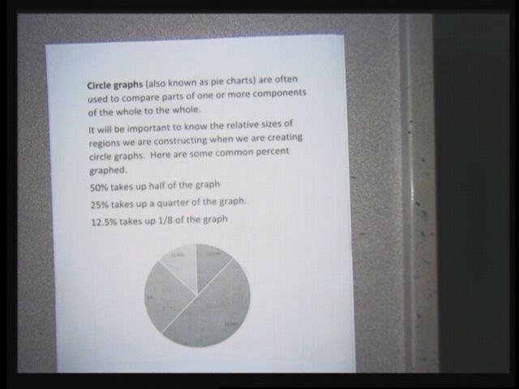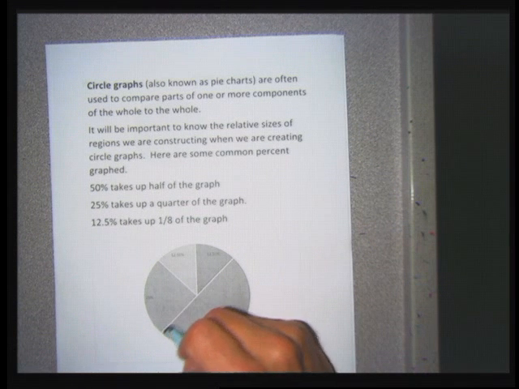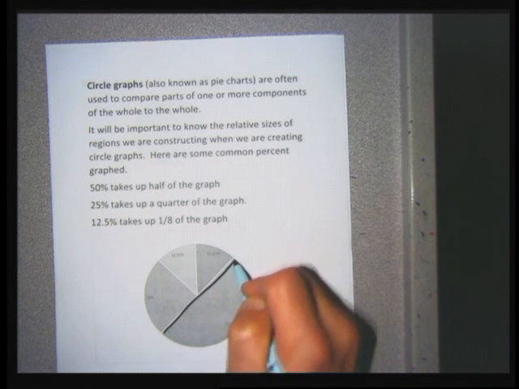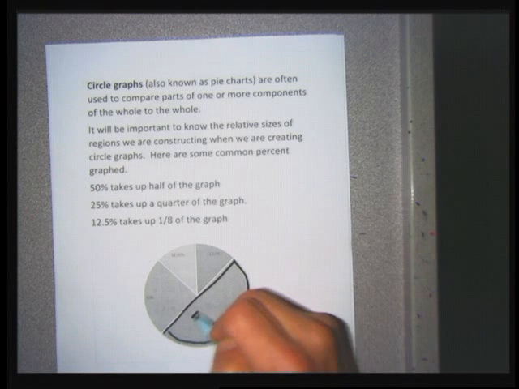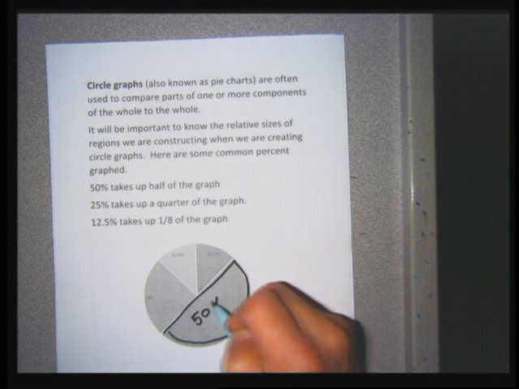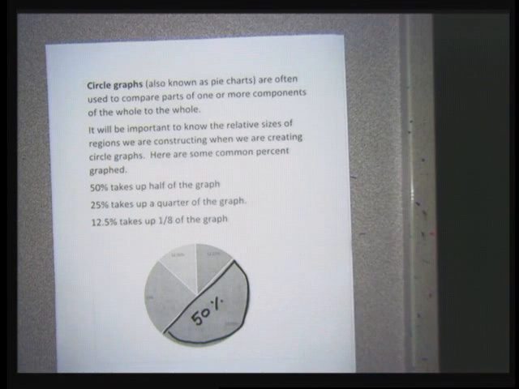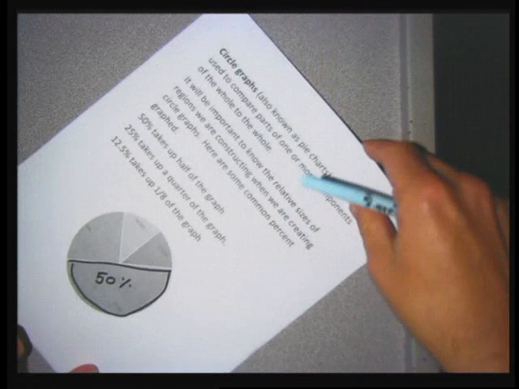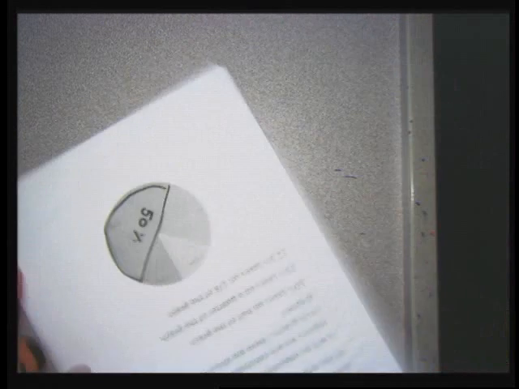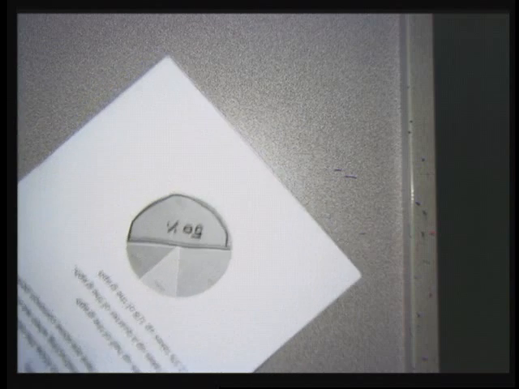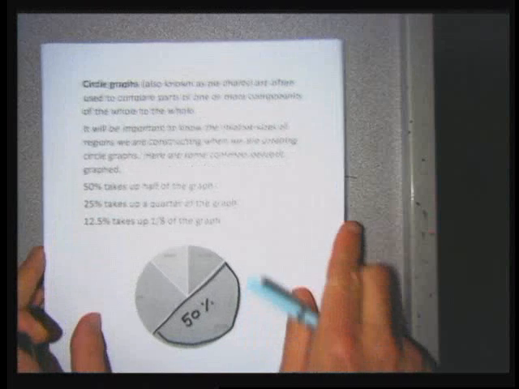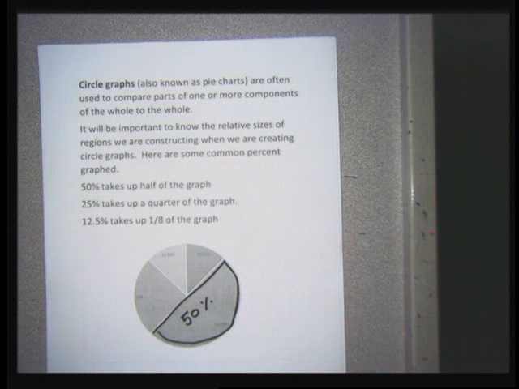And I just tried to show you, for a piece of pie, or for a circle, what some common sizes are. So 50% represents half the circle. When we make a pie chart, we're going to break a circle up into essentially probably unequal slices of pie, and where you make your cut doesn't matter.